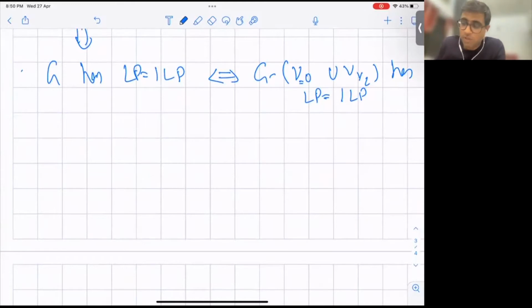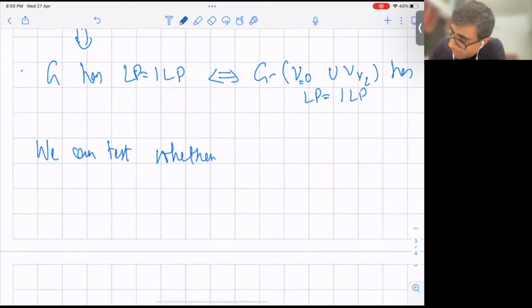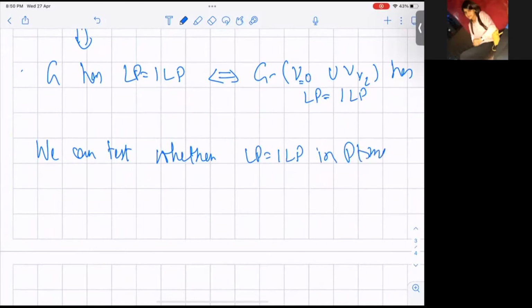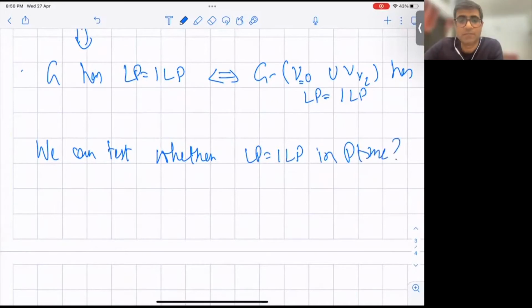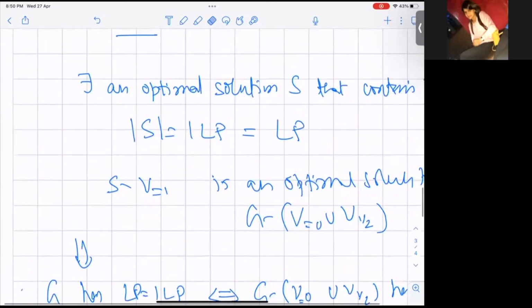Is this clear now, that we can test whether LP equals ILP in polynomial time? Is this fine? Yes.